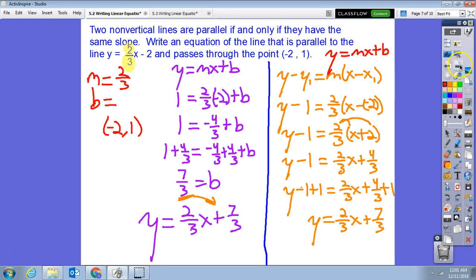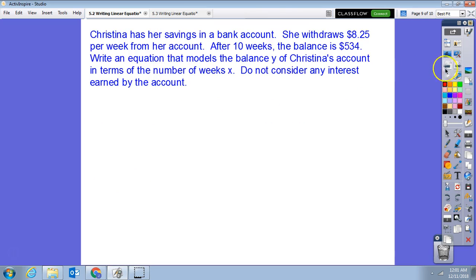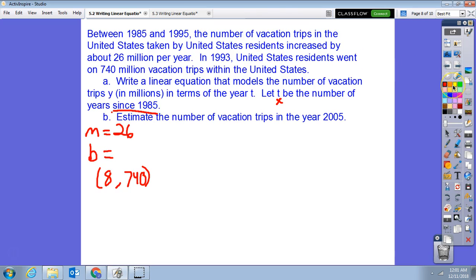I'm going to go through real quickly and show you the slope-intercept form, and then you can go back if you would like. I'm going to go through and just write down the steps for the point-slope form. So I'm going to do the slope-intercept form and talk about it. So I know my M is 26. I know that my X value from my point is 8.